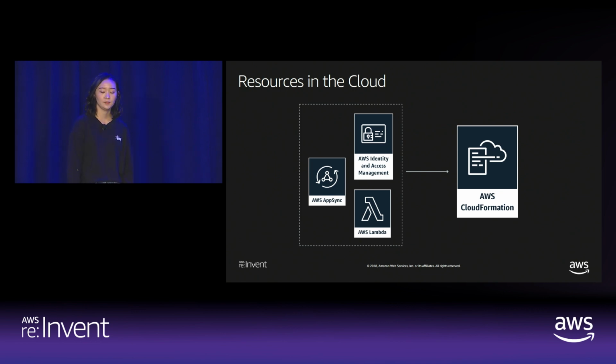And in this demo, I'll be using AWS AppSync along with AWS Lambda as my data source to do the translation. AWS Lambda lets you run code without provisioning or managing servers, and you only pay for the compute time you consume.